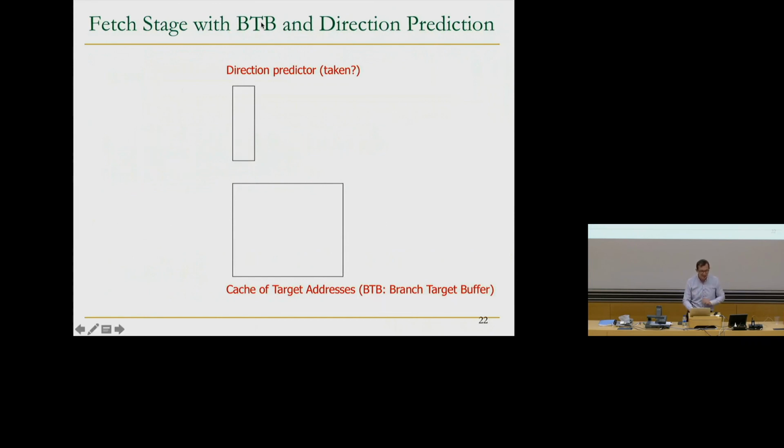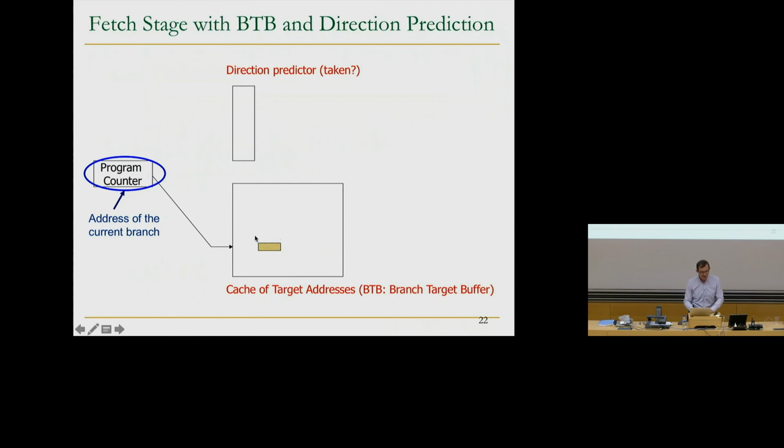So you have a fetch stage, you have a branch target buffer. You can think of branch target buffer as a cache of target addresses, recently seen target addresses. And you also need to predict the direction of the branch. So you have the program counter of the instruction. That's the address of the current branch. You access the branch target buffer, and you access this also concurrently.